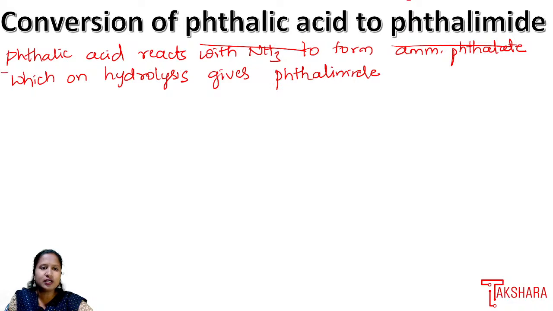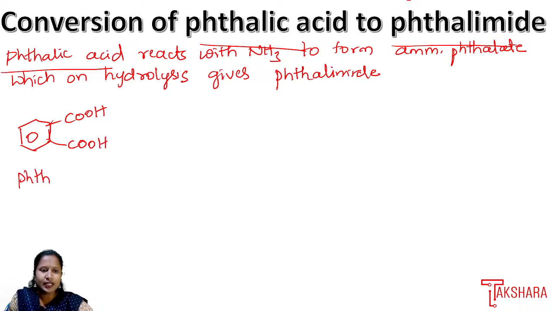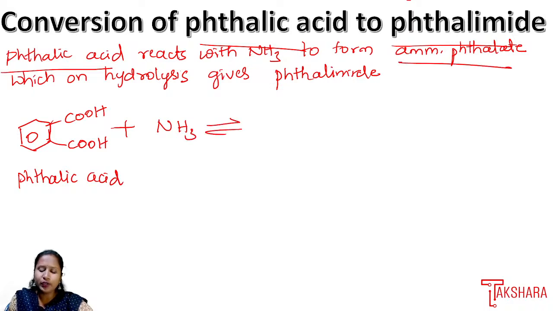Now let us consider phthalic acid as a reactant molecule. When 2 COOH groups are attached to the benzene ring, we call it phthalic acid. So when phthalic acid reacts with NH3, what is the first product? Ammonium phthalate, they are saying. So this NH3, 2 moles of NH3 here we need to consider.